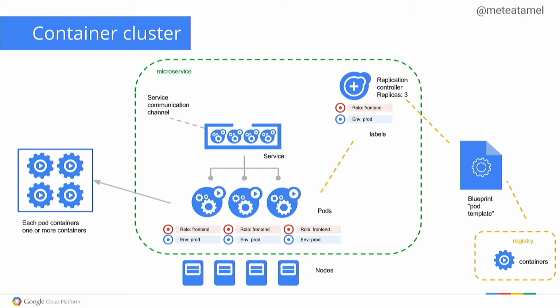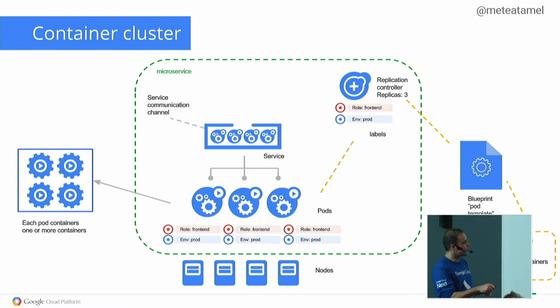So this is your microservice. So your microservice in this containerized world in Kubernetes is basically a combination of the replication controller, your pods, and the services that you expose, that gets scheduled somewhere in the nodes that you define, but you don't care where or how, because that's what Kubernetes does for you. You don't care about that as a user.